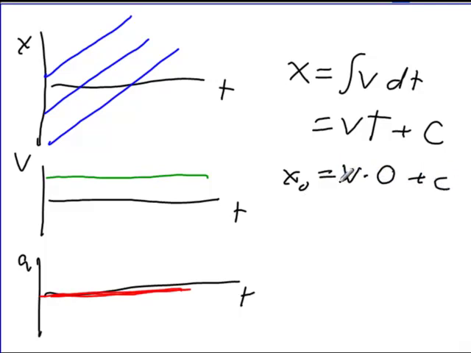This just cancels out, and my constant is simply the position at time 0. So all this is saying is that the position is equal to the position at time 0 plus vt. Because I had a positive v, I have these positive slopes. If I had had a negative v, it would have been a negative slope. And these different lines come from all the different positions where I can start with this same exact velocity.